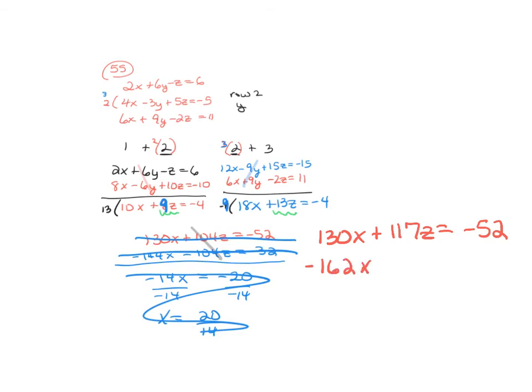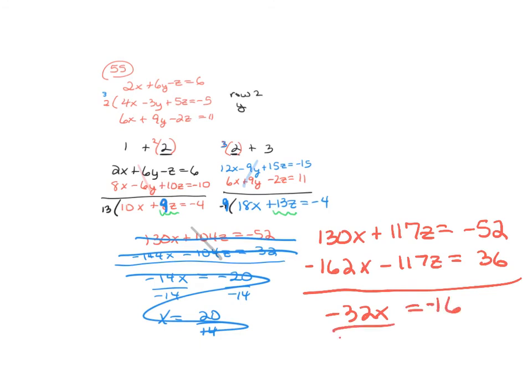It's negative. And then here, 117. And then this is 36. Let's see if this works better. 162 minus 130 is negative 32x. And this is 16. Divide. And now we get x equals 1/2.